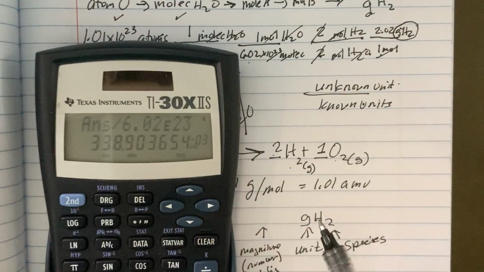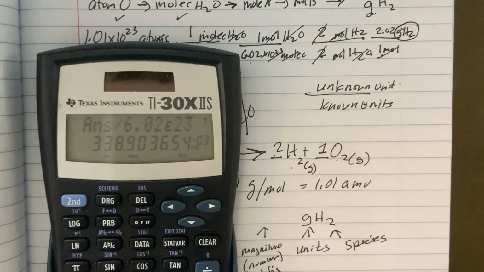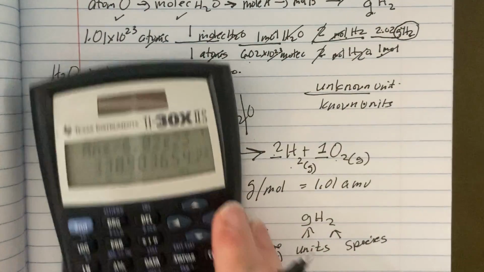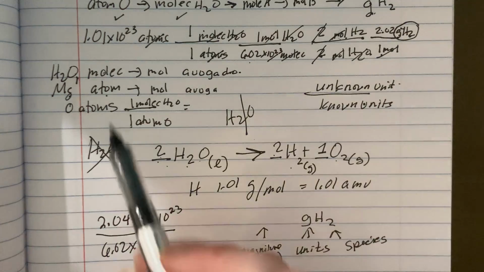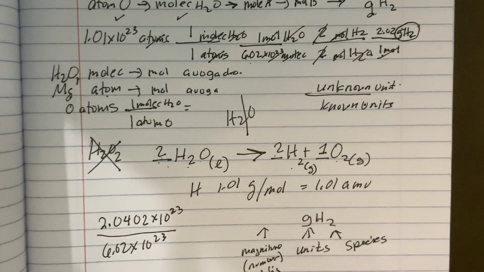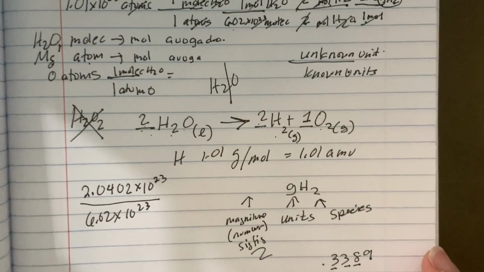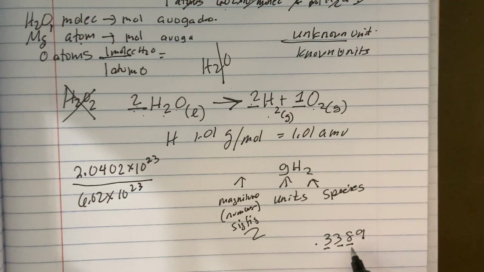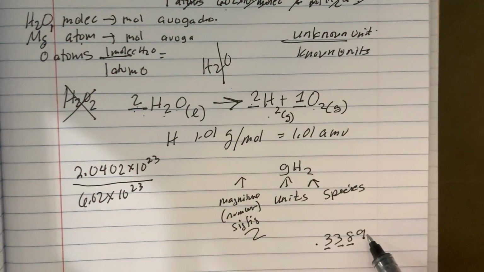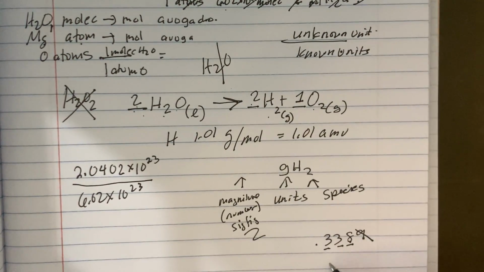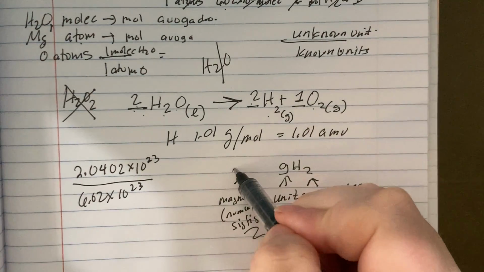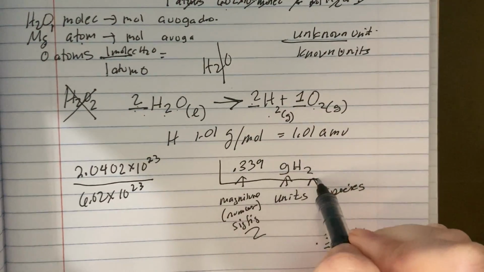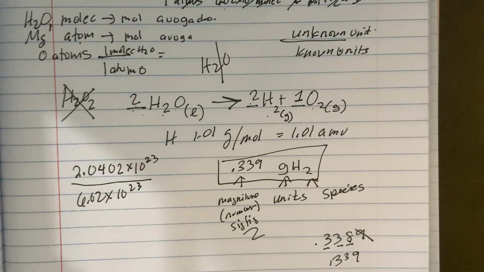And my answer is 0.3389. Okay, and I need to put that into how many sig figs? 3 sig figs. So the first 3 numbers are important. That 9 is not important, so it's going to go away, but it told me I need to round. 0.339. 0.339 grams of hydrogen are my answer.